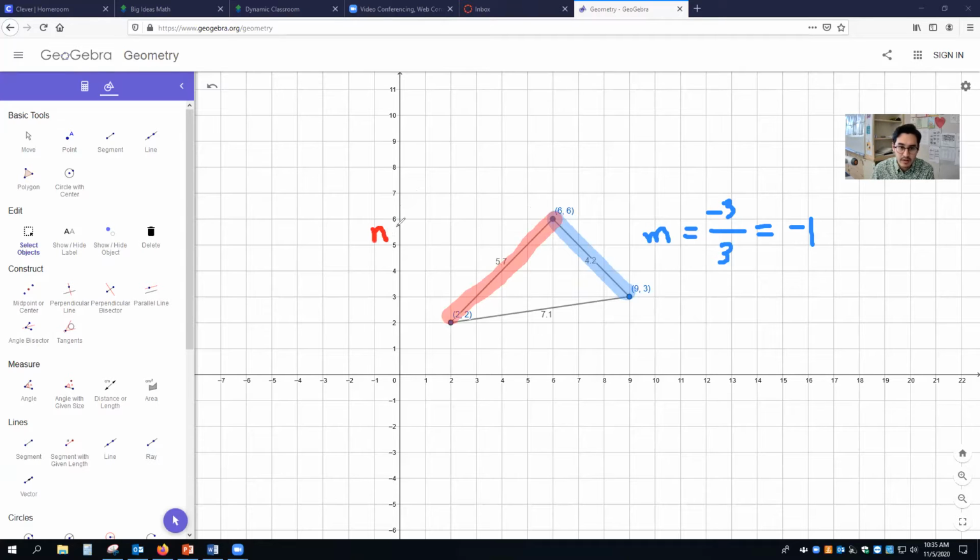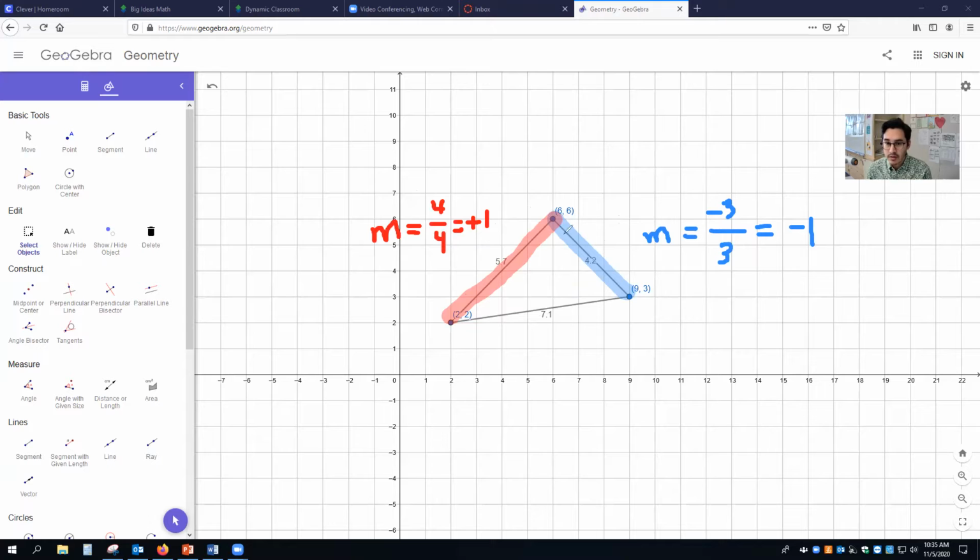All right, so the red side has a slope of, let's see, rise over run. All right, so rise is 4, run is 4. So that's 4 over 4, which is +1. Okay.